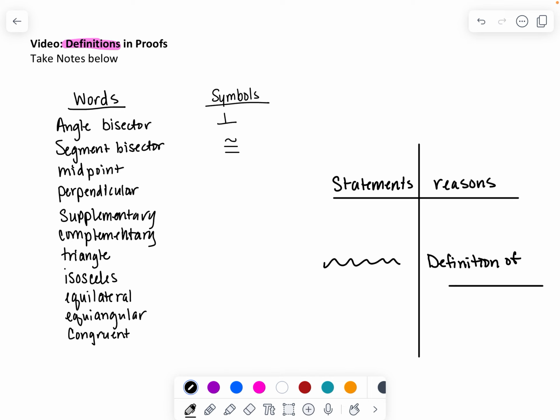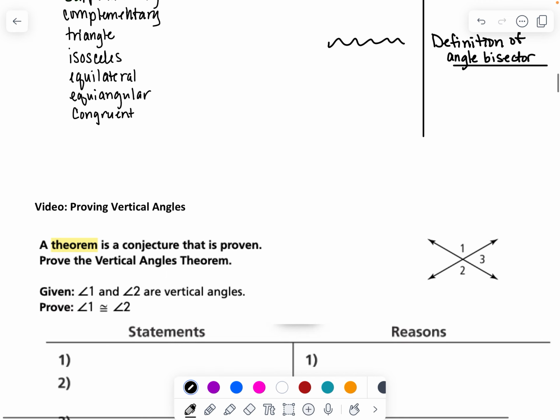If it's definition of angle bisector, we'll write that in there. Okay? That's what we do. We tell them which word we defined. Okay? So let's go ahead and look at an exact example of that down below here.